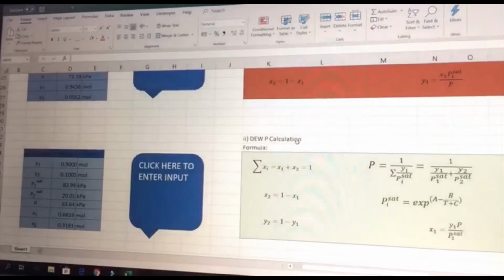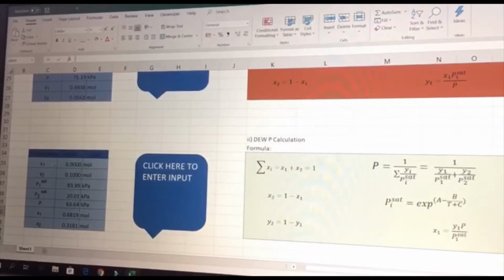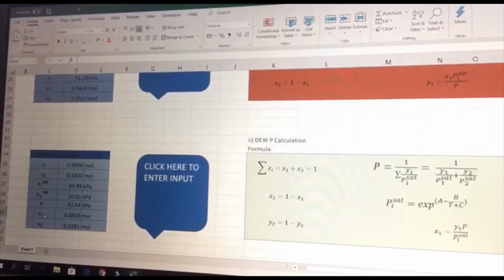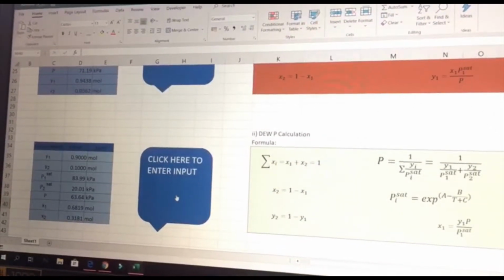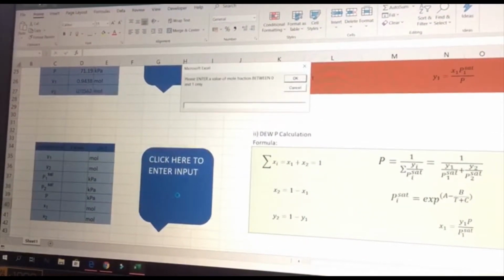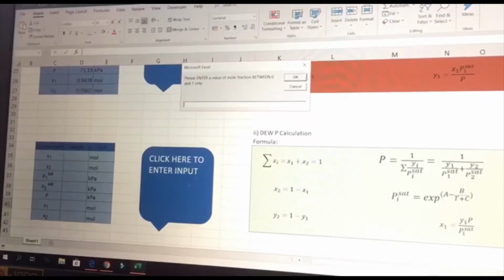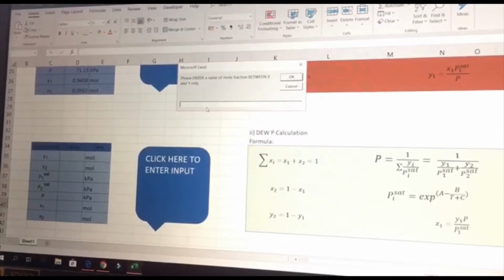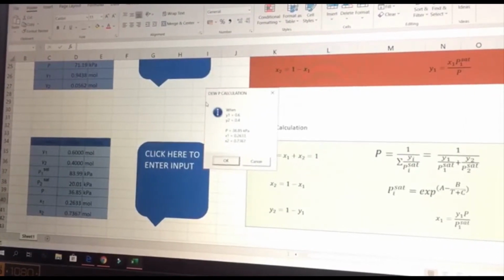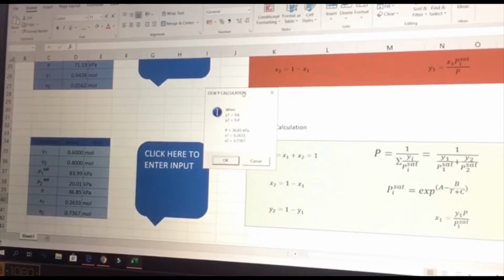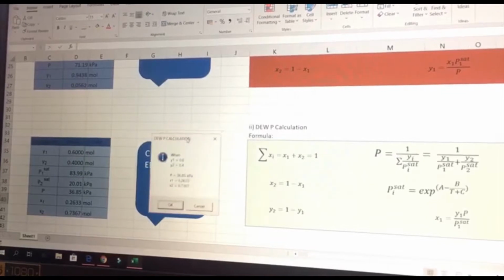For part A2, we need to estimate the liquid composition of methanol and the pressure of the system by entering y1, the vapor composition of methanol. Let's say we pick 0.6 for y1, and the macro program calculates.